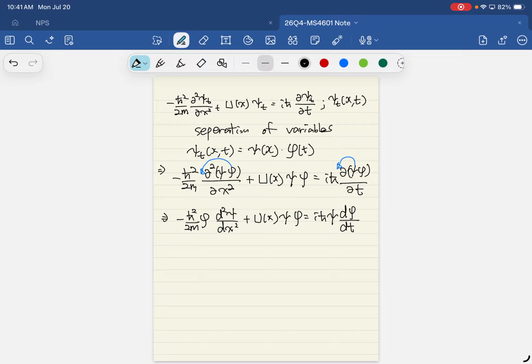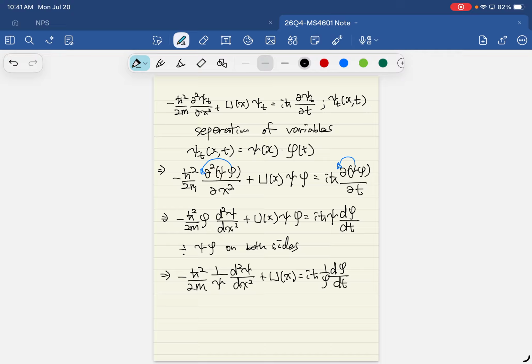And now we divide by psi phi on both sides. So once we do that, it's essentially minus h bar squared over 2m, 1 over psi, d squared psi over dx squared, plus u of x equals i h bar, 1 over phi, d phi over dt.